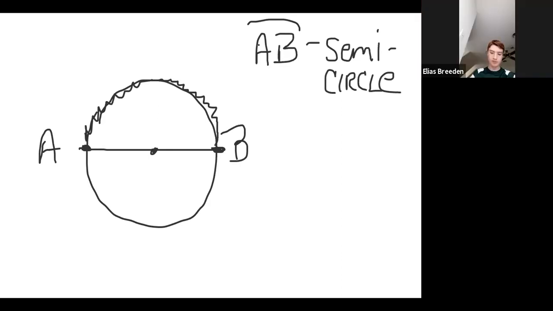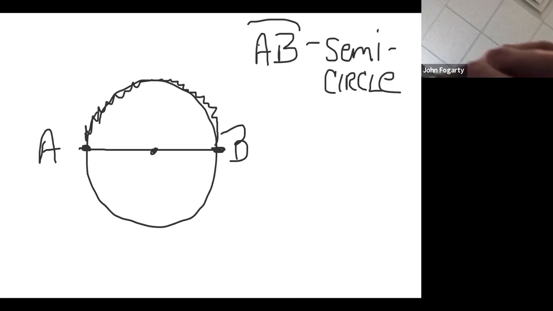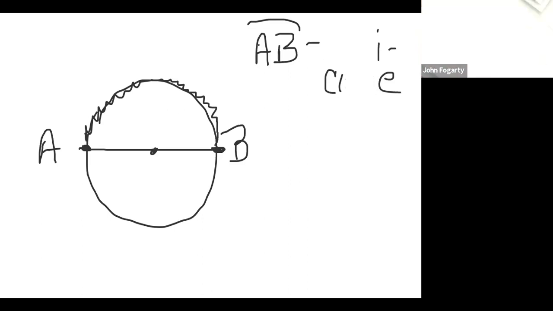Okay. All righty. Now, we didn't say we were just going to define these things for you. We said we were going to work with finding the measures of an arc, all right?